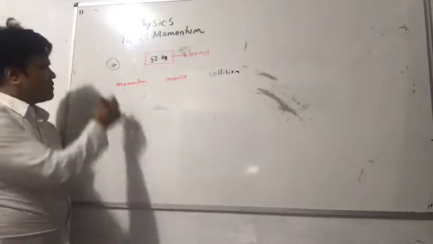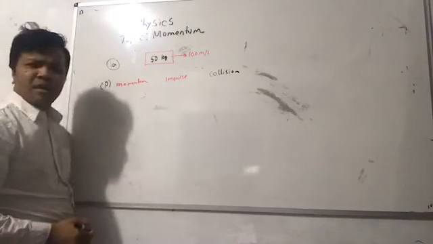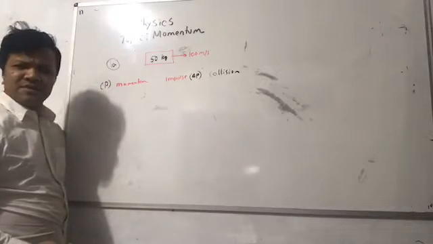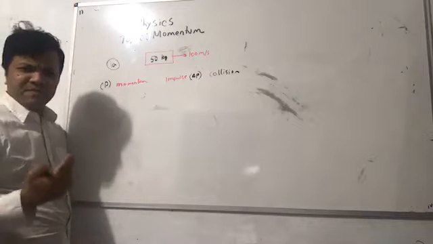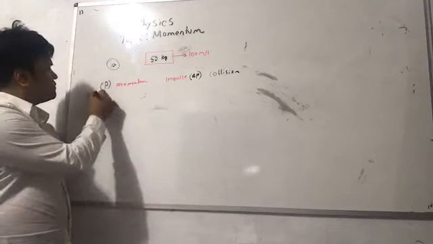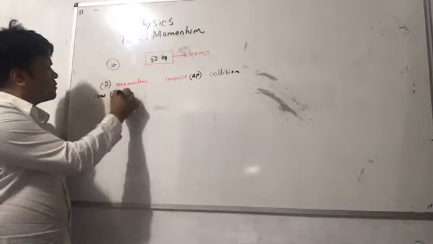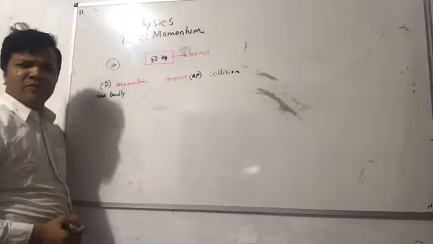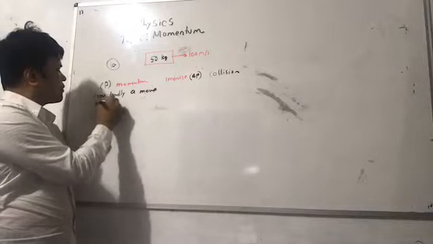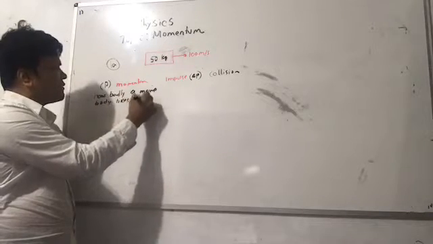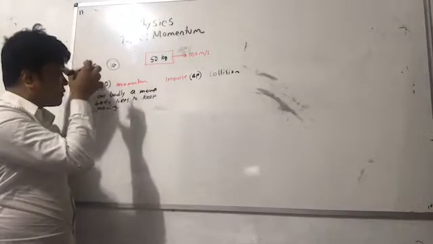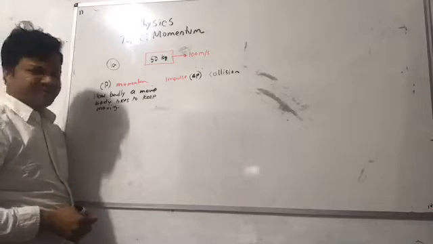The symbol for momentum is P. The symbol for impulse is delta P. Momentum is Newton's first law, especially the second part of Newton's first law: how badly a moving body likes to keep moving. Momentum is a vector quantity.